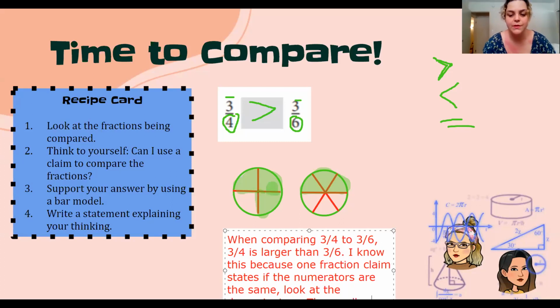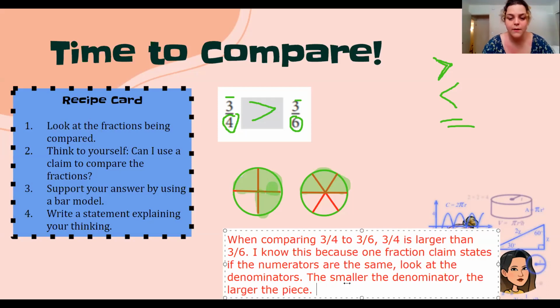The smaller the denominator, the larger the piece. Let me just make this way so you guys can see it more. This can also be proven with a pie model.